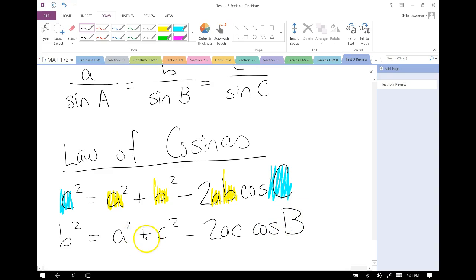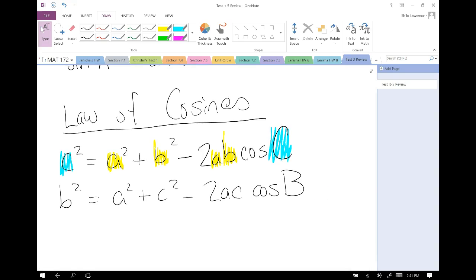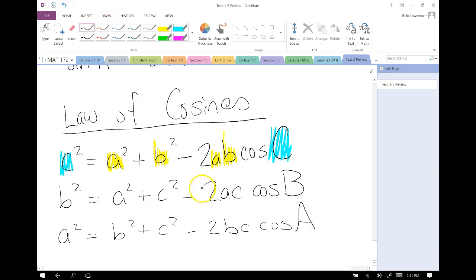So a and c are on the right, and then cosine of b is on the right, and side b is on the left. And then we could also say a squared equals b squared plus c squared minus 2bc cosine a. So by adding that 3rd piece at the back, it allows us to use the equation for non-right triangles, and it also allows us to shuffle up all the sides because we're no longer guaranteed that C is the longest side anymore since it's not a right triangle.